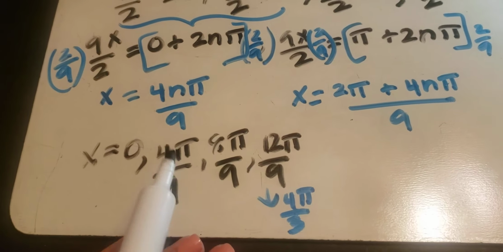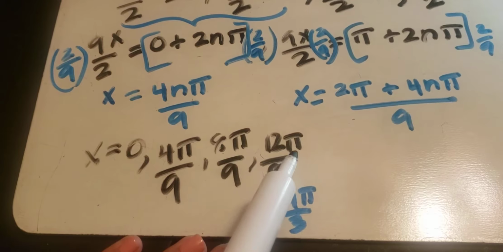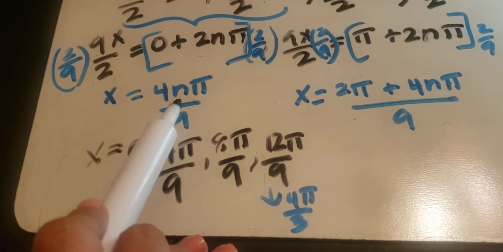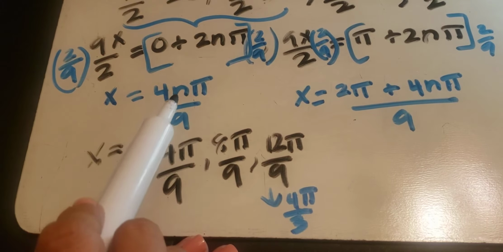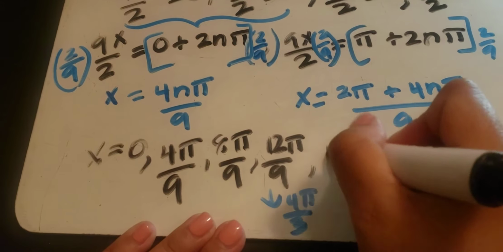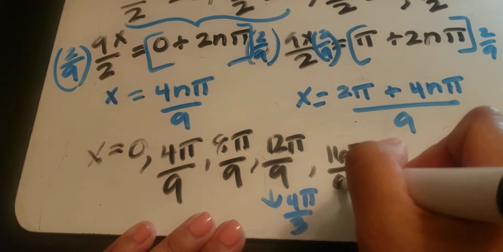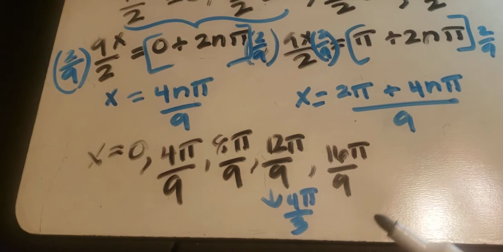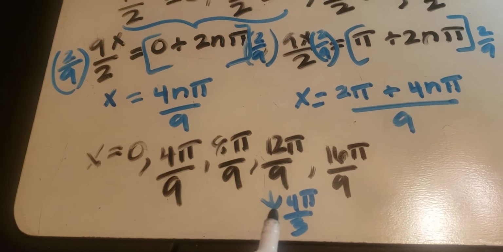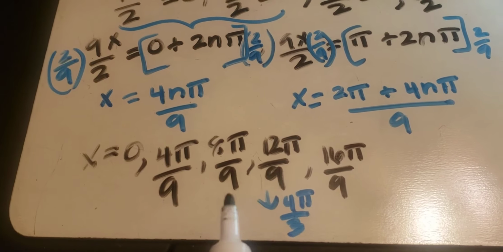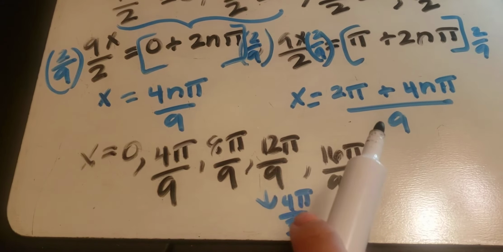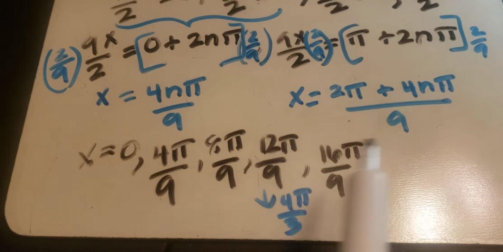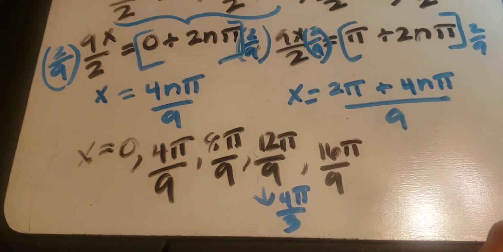So I did 0, 1, 2, 3. And then when n is 4, we're going to have 16 pi over 9. Now, if you're wondering, when do you stop? If you end up with 2 pi, you've gone too far. You don't want to include 2 pi, so you want one less than 2 pi.